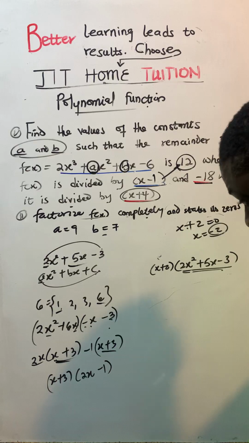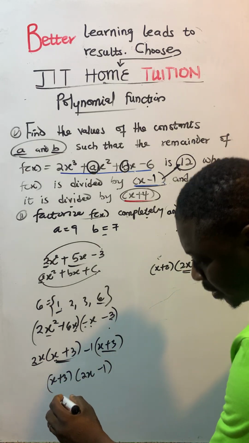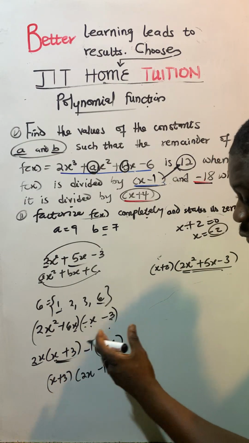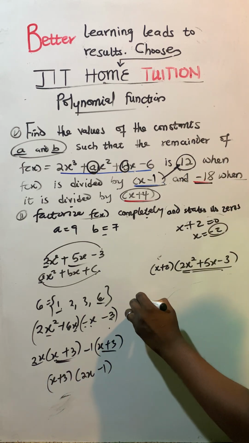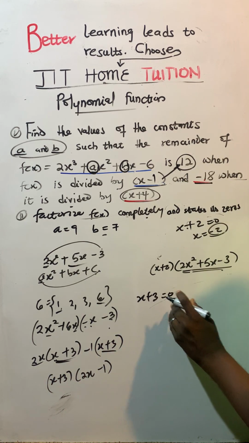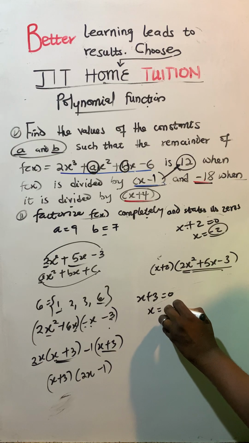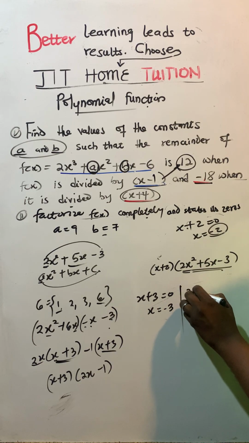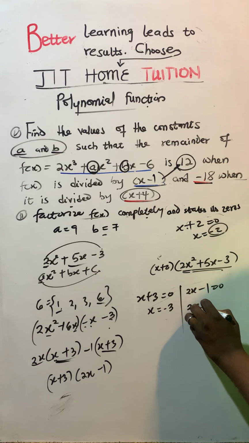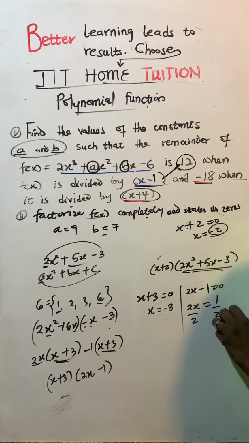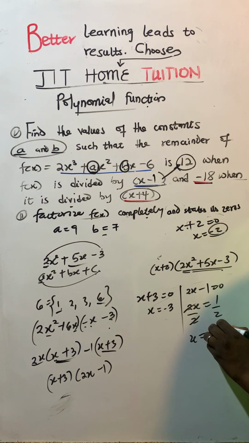So when you are done, you equate it to be equal to what? 0. Okay, so you have x plus 3 equal to 0. You have x equal to negative 3 as one. And you have 2x minus 1 equal to 0. You have 2x equal to 1. So you divide both sides by 2. You have x equal to what?